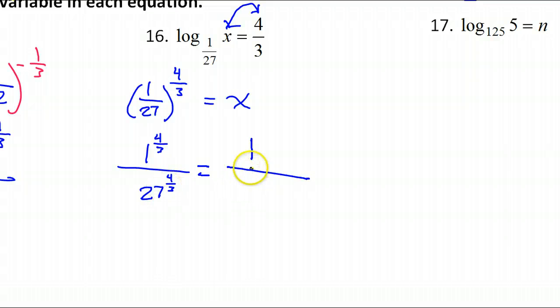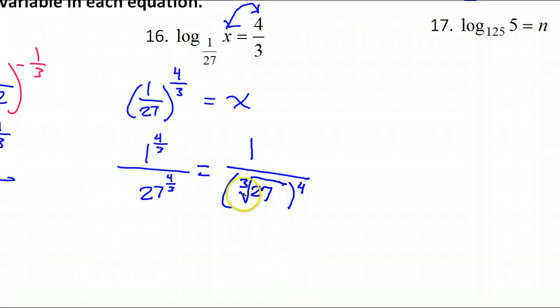Now, do you guys remember that when you have a fraction like this, the top number is the power and the bottom number is the root? So what I'm really looking at here is the cube root of 27, because the bottom number is 3, that's your cube root. And then all of that will be raised to the 4th power. It's power over root, 4th power. All I have to do is evaluate this and I'm done.